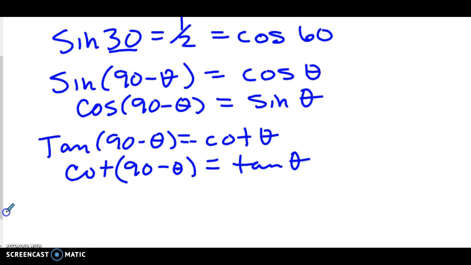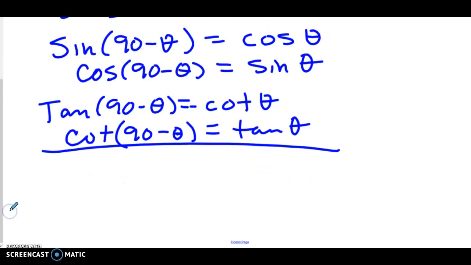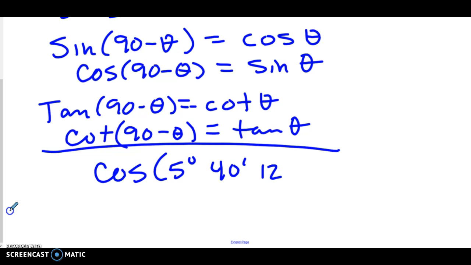Let's look at example 4. Using our calculator to evaluate, this is example 4, using the calculator, evaluate the cosine of 5 degrees, 40 minutes, and 12 seconds. We talked Monday about putting that into your calculator. I want you to go ahead and enter that.